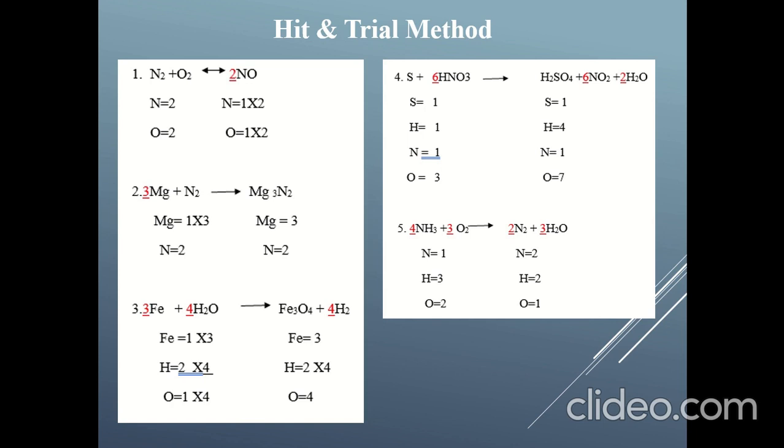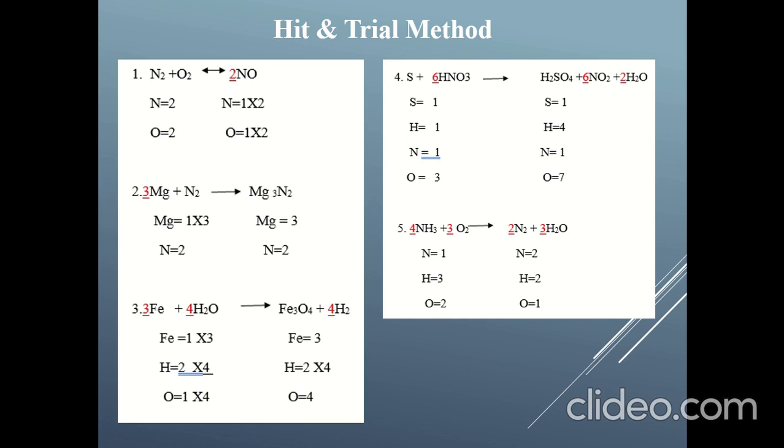Now the next example, where iron reacts with water to form iron oxide and hydrogen. Fe plus H2O gives Fe3O4 plus H2. So Fe on the reactant side is 1, hydrogen is 2, oxygen is 1. Fe on the product side is 3, so we need to multiply the reactant with 3.